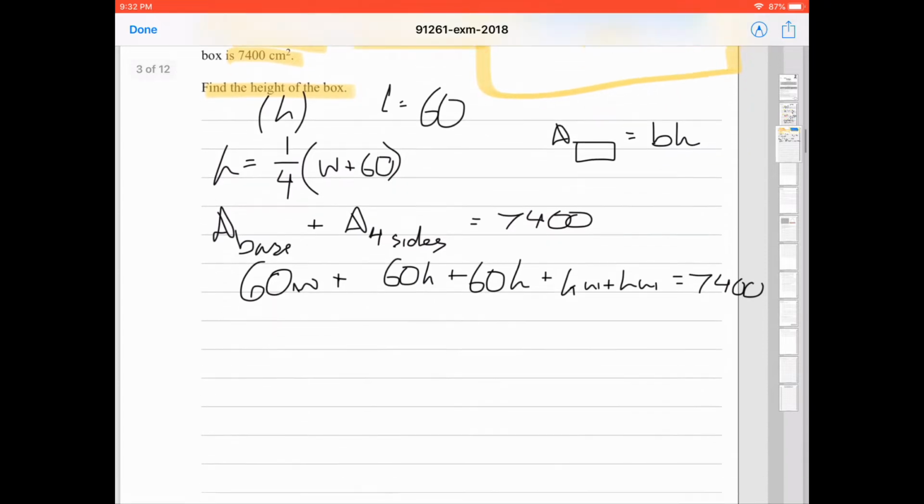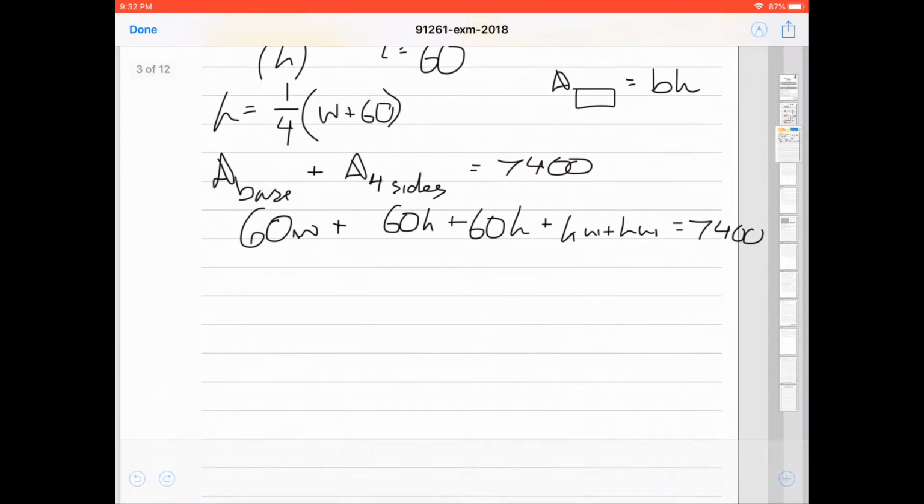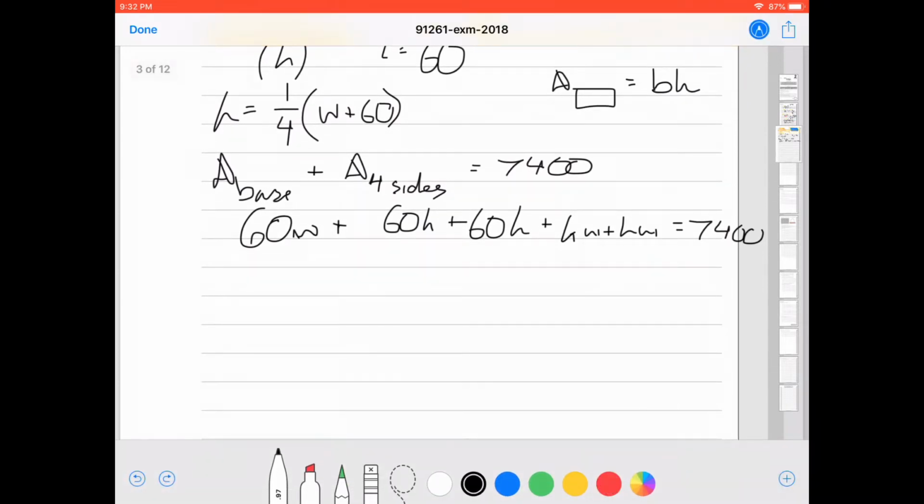It's at this point we can tidy this up. We've got 60W plus, and we're collecting like terms, right? So we're adding the 60h's and the hw's. So it's 120h plus 2hw equals 7,400.